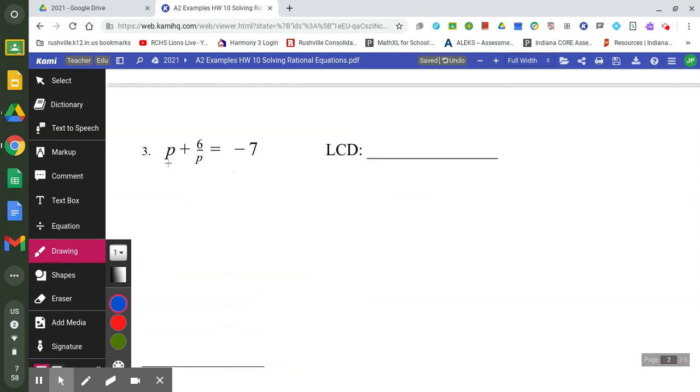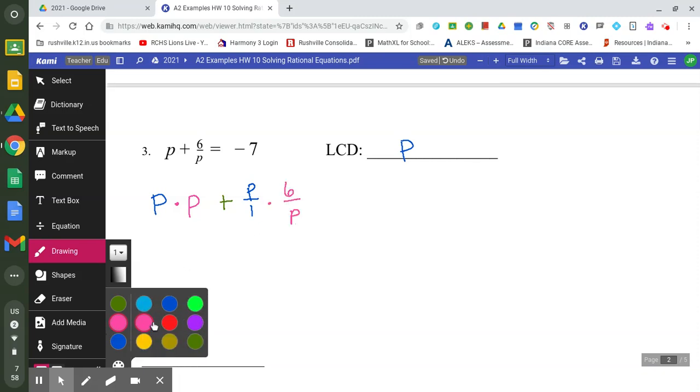So number 3, I only have one fraction, and the bottom of it is the letter p. So that is my least common denominator. So I'm going to take that p times the p that's already there plus p over 1 times 6 over p that's already there equals p times -7 that's already there.